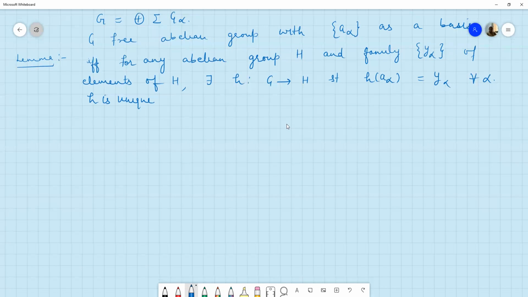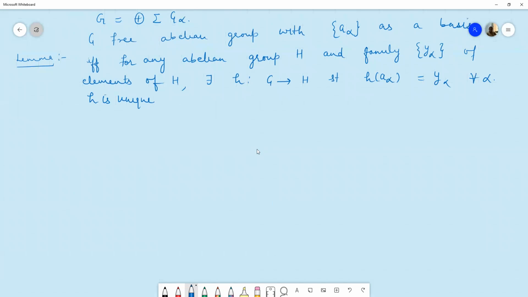So in the previous extension condition we have proved that for any abelian group H and for any family of homomorphisms H alpha, we can find a homomorphism H such that H circle I alpha is I alpha dash. So here our group G alpha is generated by the element A alpha, and this is an infinite cyclic group.